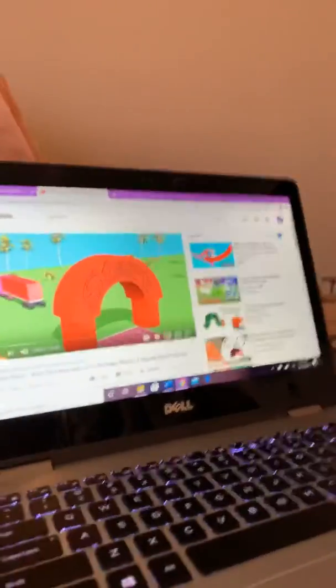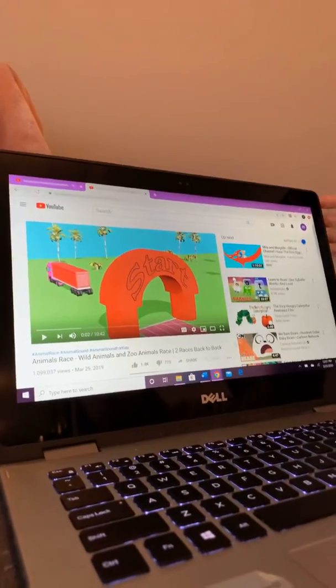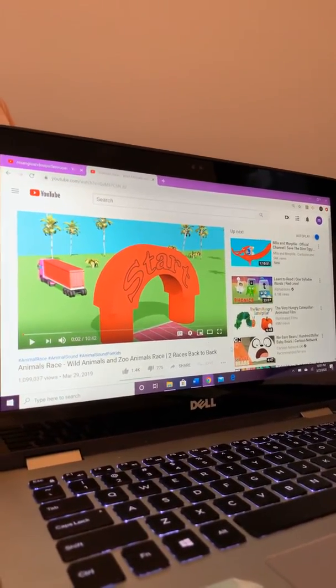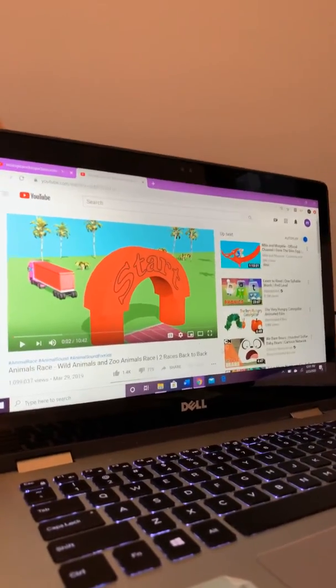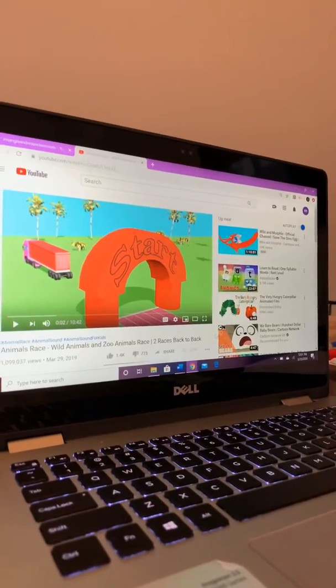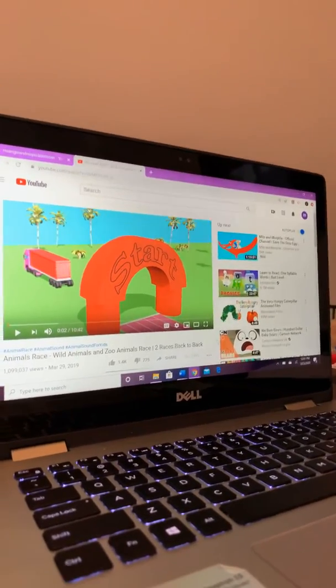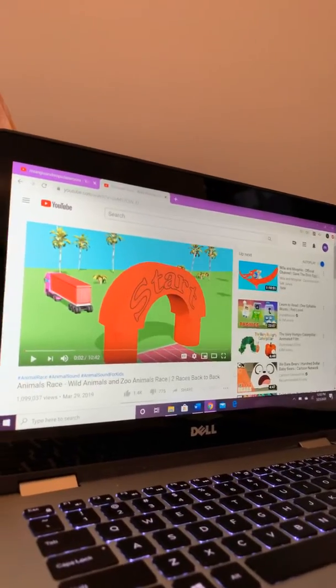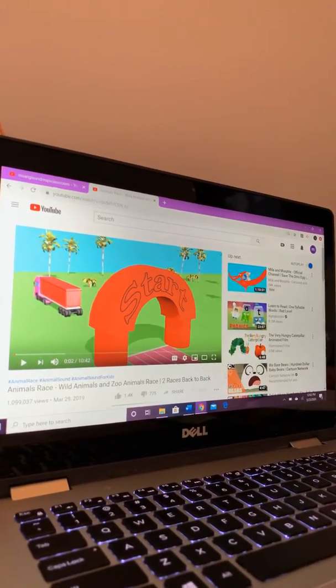Okay, so now we're gonna go over to the computer again, because today we're going to be watching a race. So I added a link onto the computer, the class tag for your parents to click on, and you can go to these different races online of different animals. So we're talking about the animals to see who's gonna win the race. And just like in the story with the tortoise and the hare, we saw two animals were trying to get to the finish line first. They wanted to be the first.